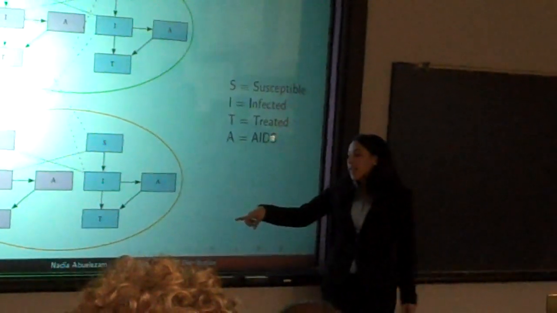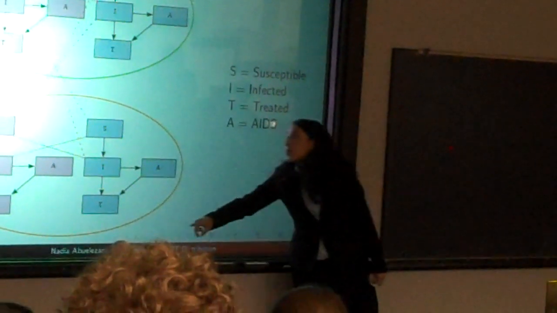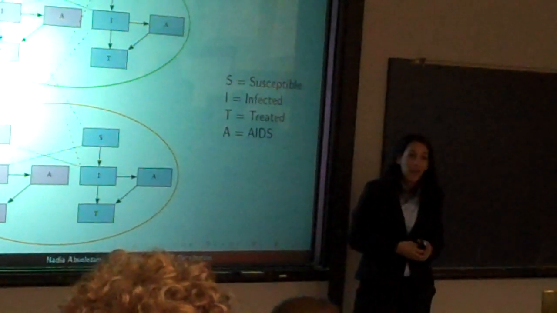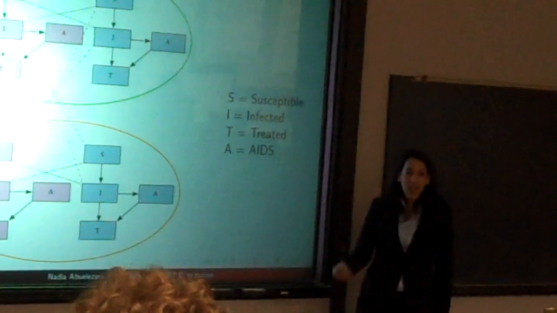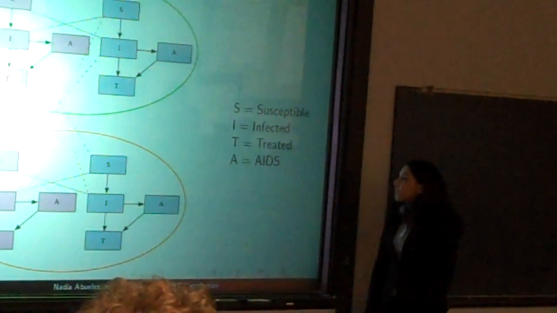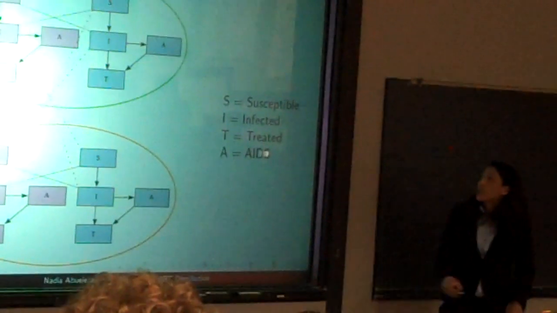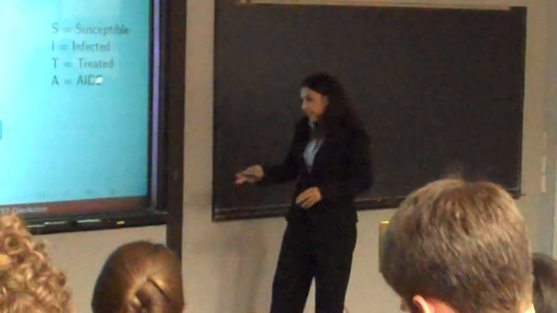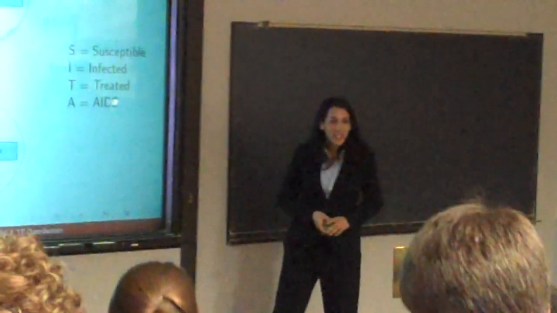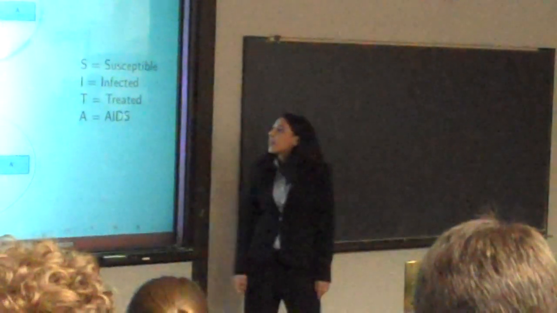Another assumption is that treated individuals have been educated on how to protect themselves and to prevent the spread of the disease, so they're also not infecting others. The assumption about AIDS individuals being too sick has actually been verified in the literature. The second, about the treatment, might not be so verified, but we're going to assume that for the time being.